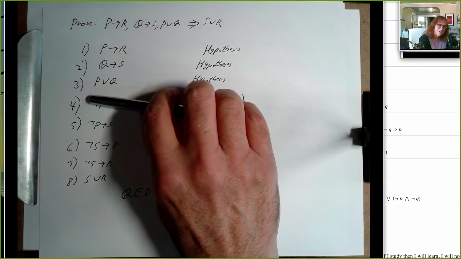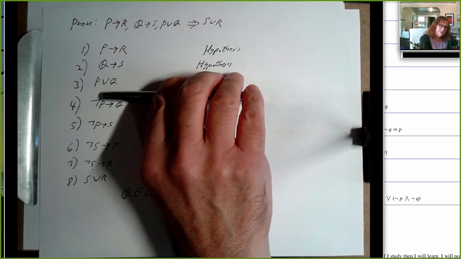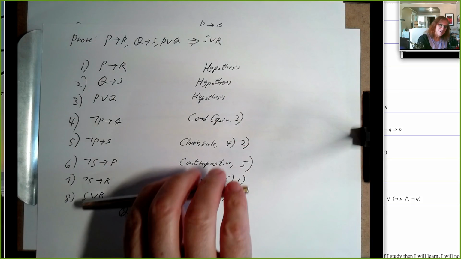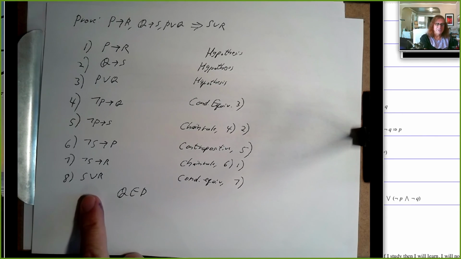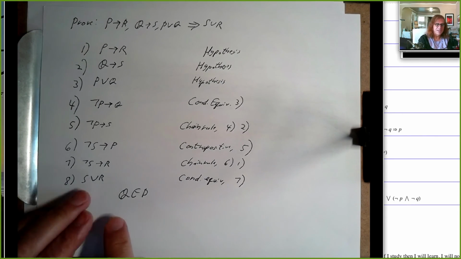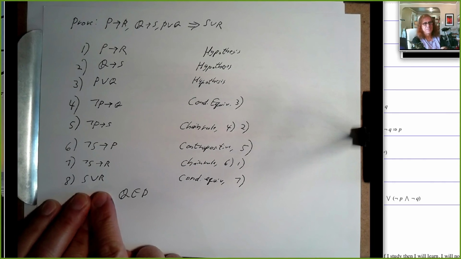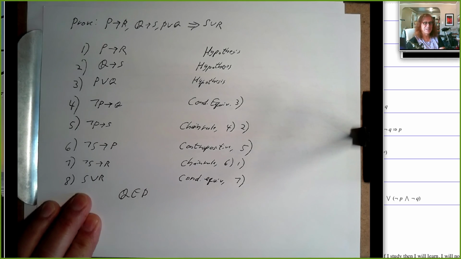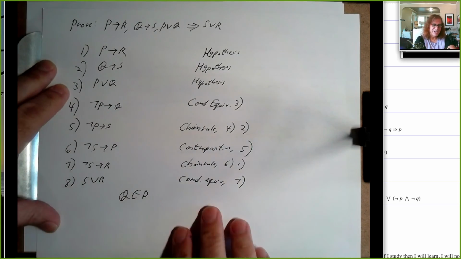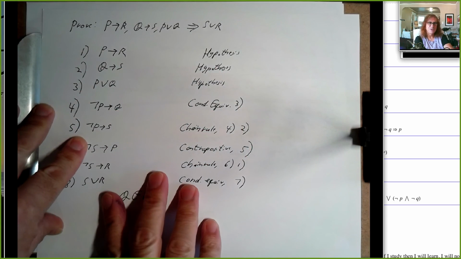In particular, if I write down S or R, and I come down with a bunch of steps, and eventually I prove S or R, what have I proven? I've proven if S or R is true, then S or R is true. Well, that doesn't prove anything. Okay, we'll see examples of that too. But we avoid that by making sure everything we write down is known to be true.